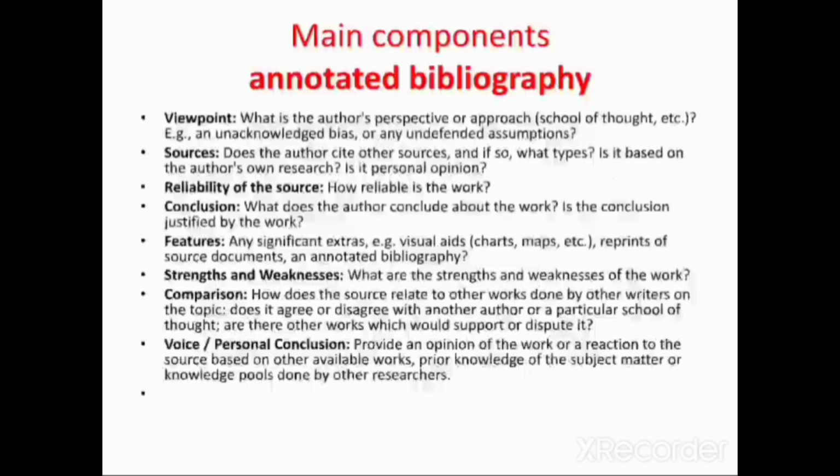Then the viewpoint, the sources, reliability of the source, conclusion, features, strengths and weaknesses, comparison, and voice or personal conclusion, which provides an opinion of the work or a reaction to the source based on other available works, prior knowledge of the subject matter or knowledge pools done by other researchers.